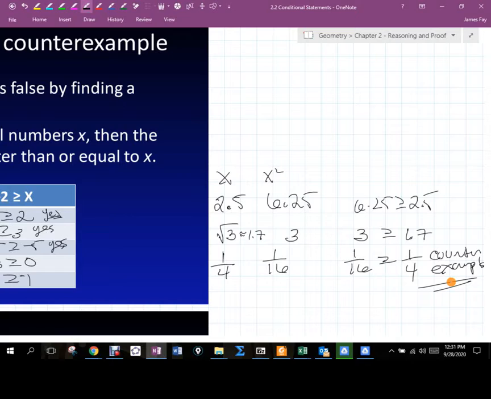Finding counterexamples can be difficult, okay? But the nice thing about it is you only have to find one. Proving a statement to be false is so much easier than proving a statement to be true. Proving a statement to be true, we have to go through the logic that basically guarantees and shows our audience that there is absolutely no counterexample that can be found.